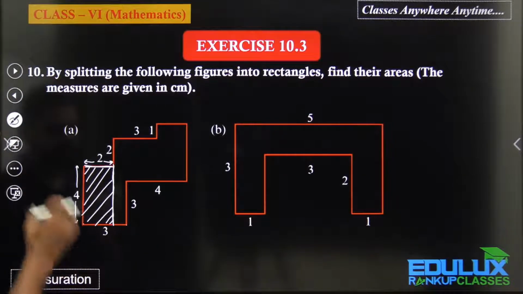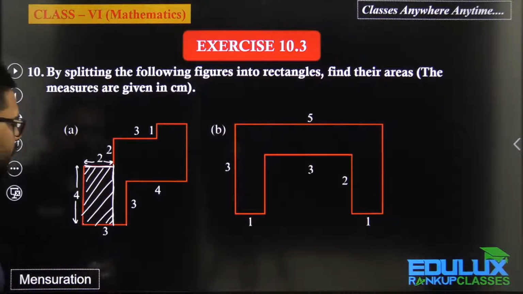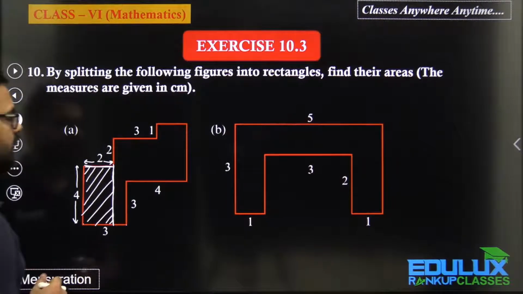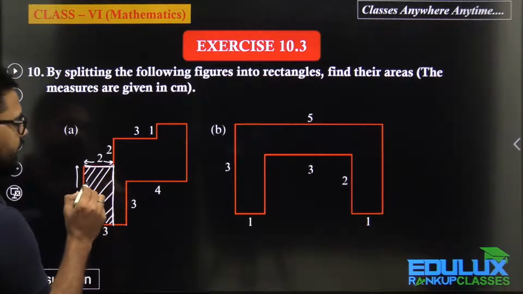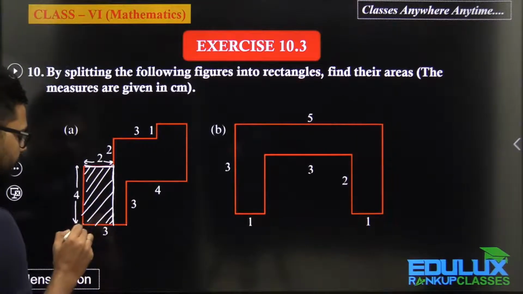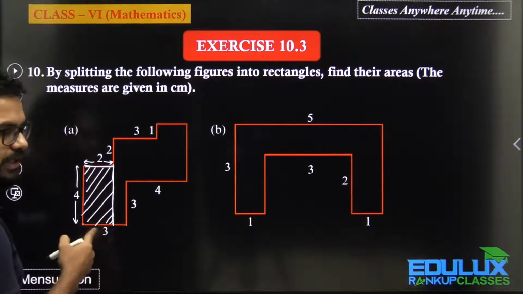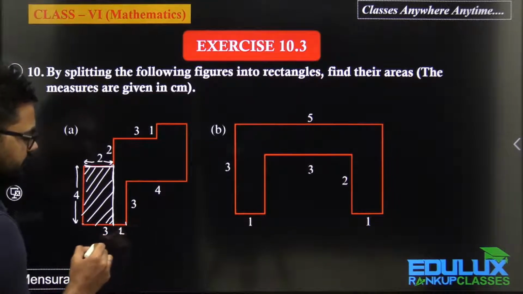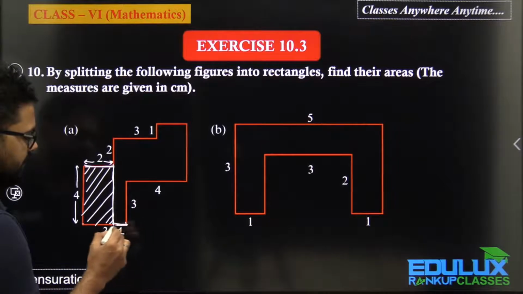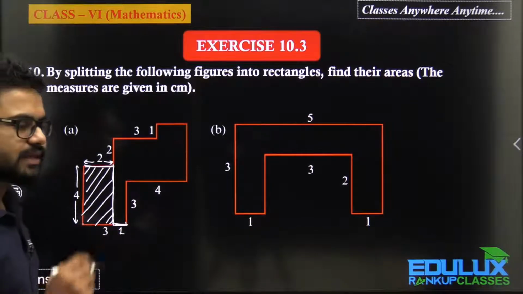Clear, everyone? Now we can further divide: from this point to this point it is given as 2 centimeters, and the remaining part will be equal to 1 centimeter. This part that we have left, this will be how much? This will be 1 centimeter.